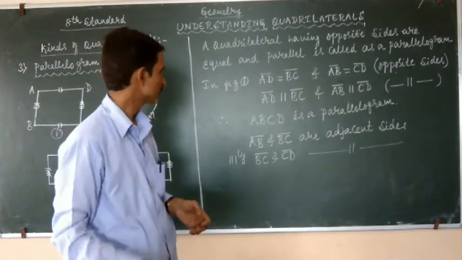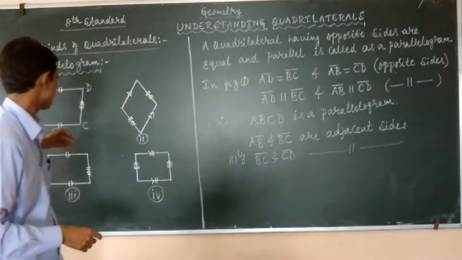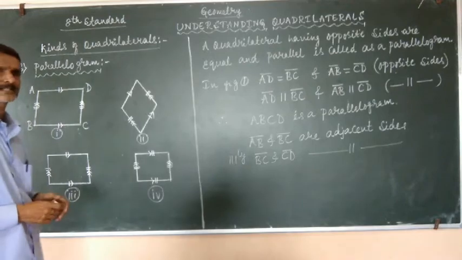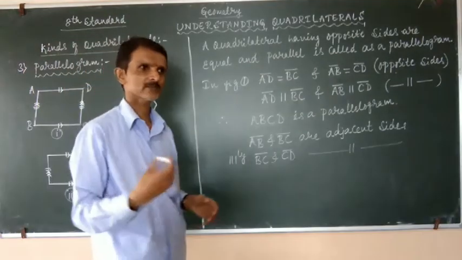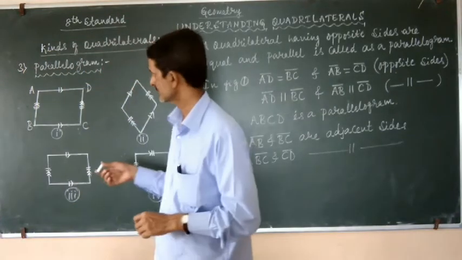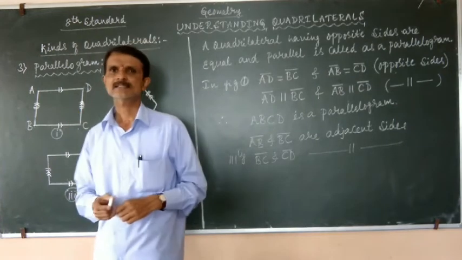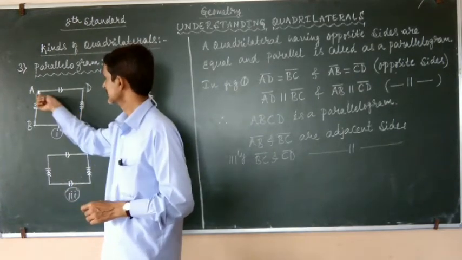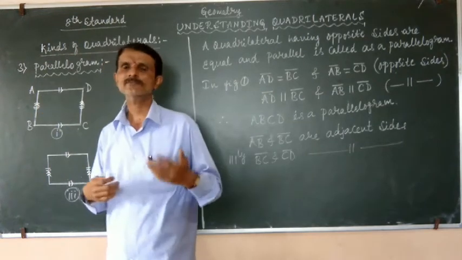Now coming to the angles, we know that the sum of the interior angles of a quadrilateral is equal to 360 degrees.